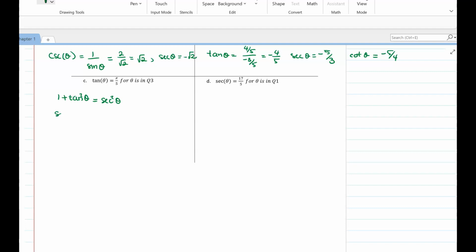Okay, this means secant squared of theta is equal to 1 plus x over 5 squared. And that is 5 plus x squared divided by 25.